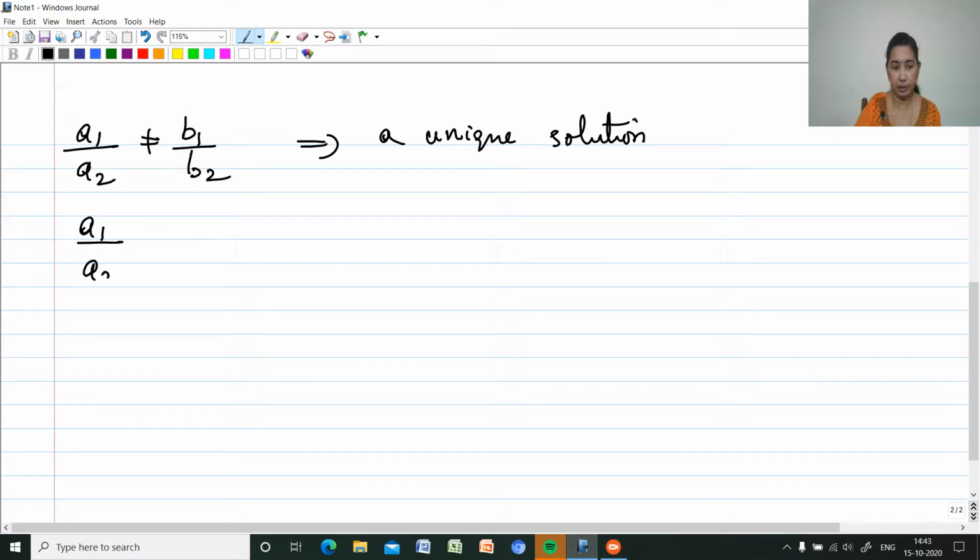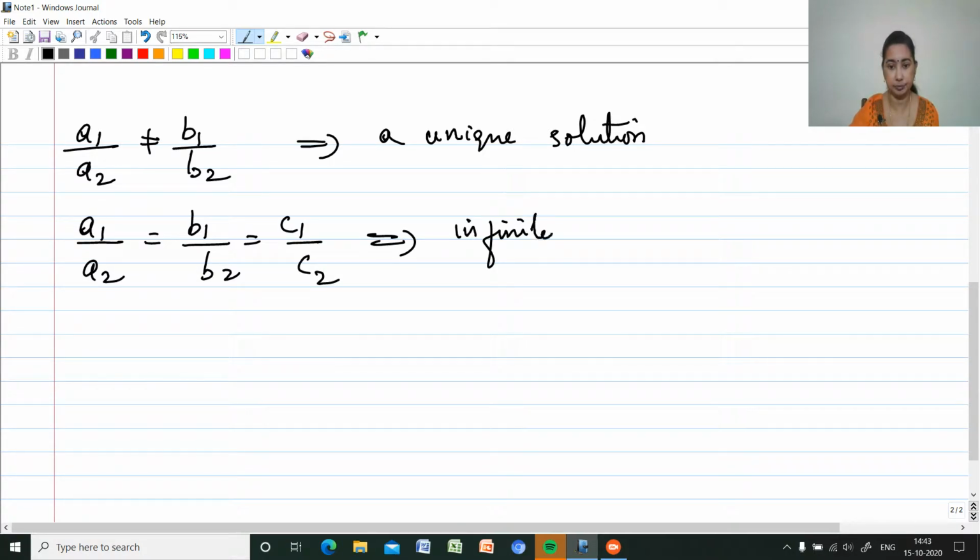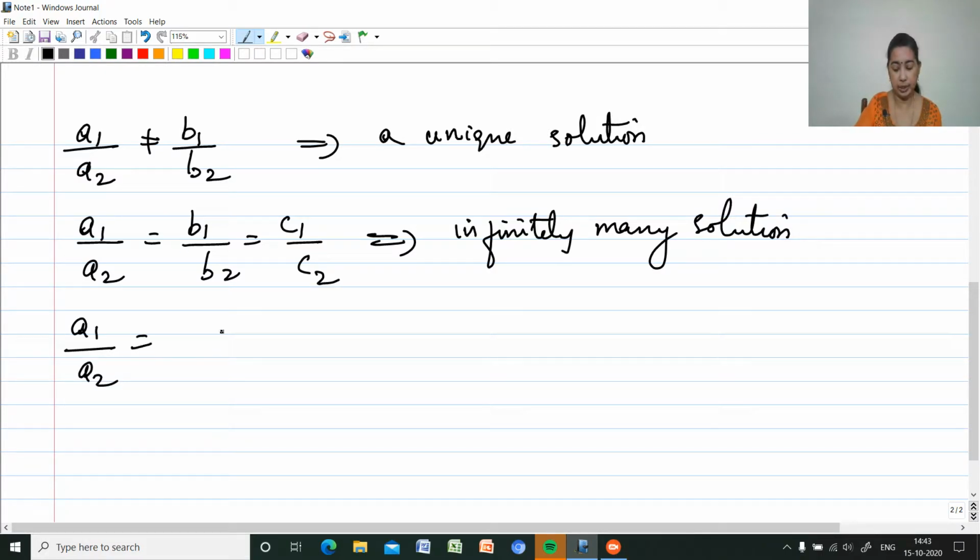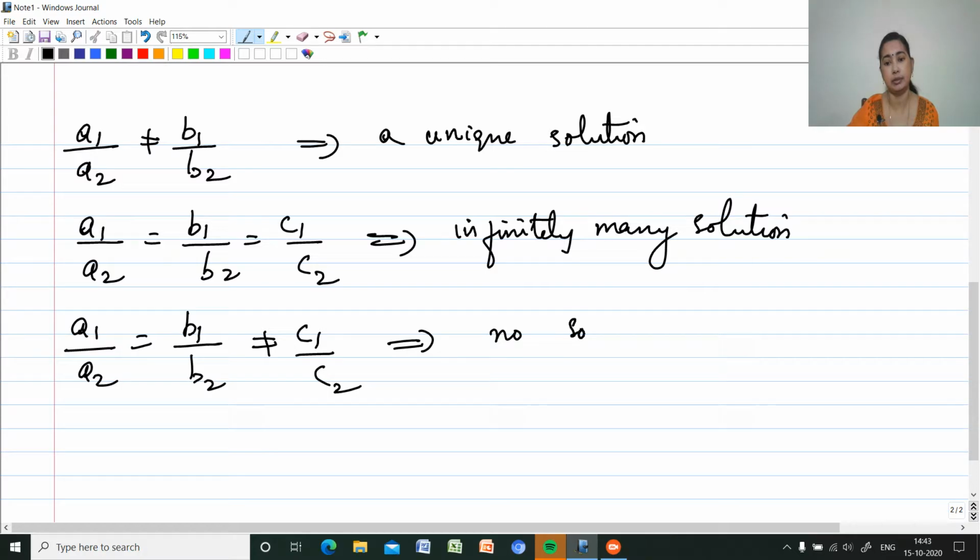If a1 by a2 is equal to b1 by b2 is equal to c1 by c2, then there are infinitely many solutions. And if a1 by a2 is equal to b1 by b2 is not equal to c1 by c2, then there is no solution. So keep all these things in mind. Now we'll move on to the questions.